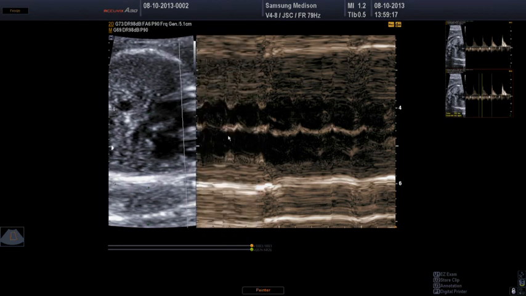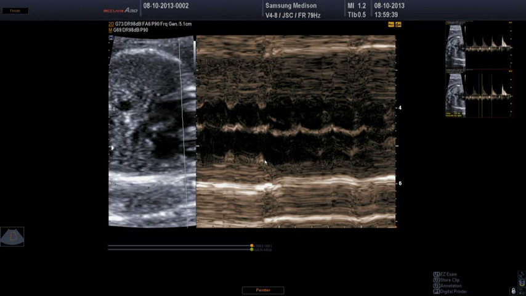I think people have sometimes difficulty understanding what the M mode represents, and it is a good thing for assessing left ventricular shortening fraction, for example. So if you follow that line, we're sampling exactly at that point. And this here, if you put it side by side, you can see that that's the left ventricular posterior wall. So this is the movement of the posterior wall in systole and diastole. This corresponds to the ventricular septum.